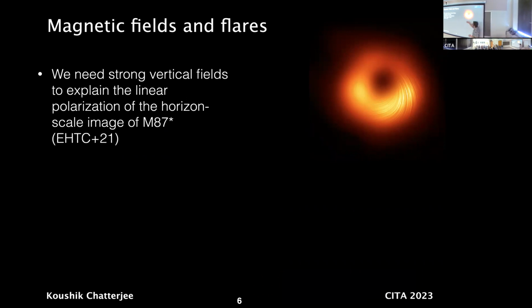From the polarized horizon scale image of M87, what we found is that you really needed vertical fields to exactly have these EVPA patterns. You couldn't really explain the linear polarization without strong vertical fields.